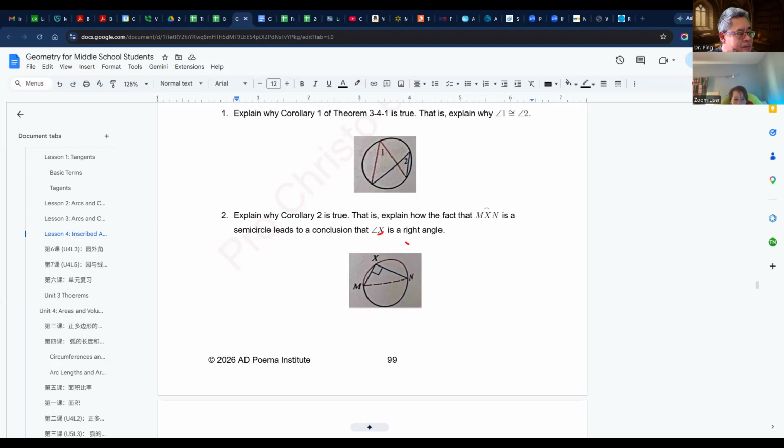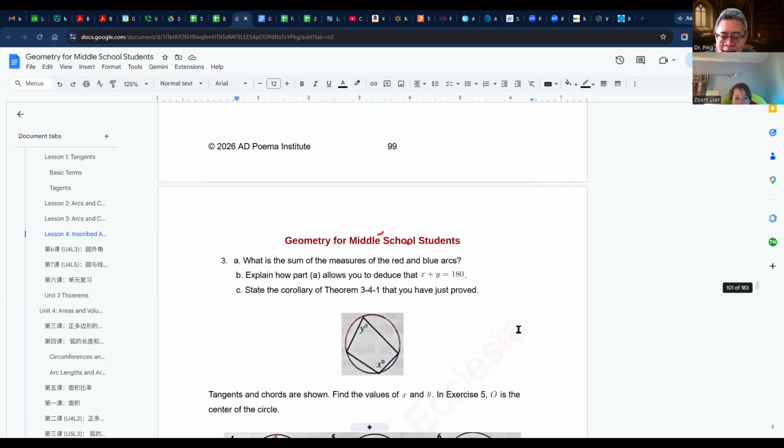The central angle is 180 degrees. Yep. So half of 180 gives us 90. Very good. All right.